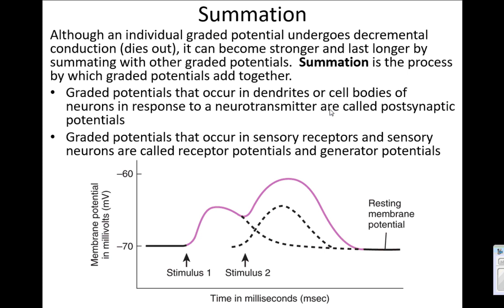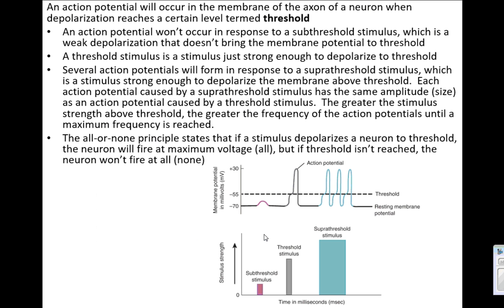We can see that back here on this page. Going like this, becoming less negative, is the depolarization aspect. Going back down towards negative would be the repolarization. With action potentials, they're not going to be just little bumps up and down. They're going to be big ups and downs. You'll see that here on this page.